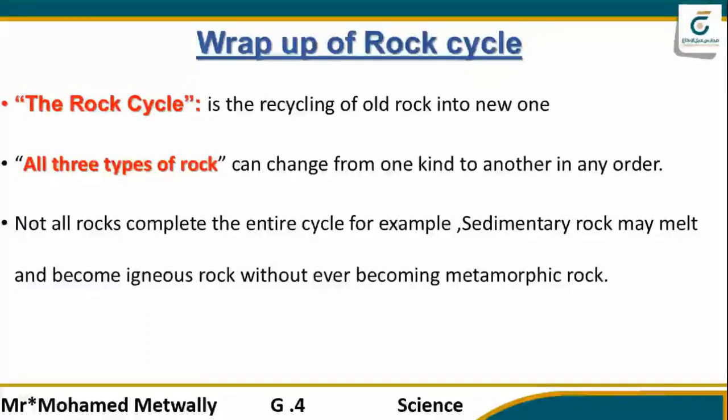All three types of rock can change from one kind to another in any order, like we said. Not all rocks complete the entire cycle. For example, sedimentary rocks may melt and become igneous rock without ever becoming metamorphic.